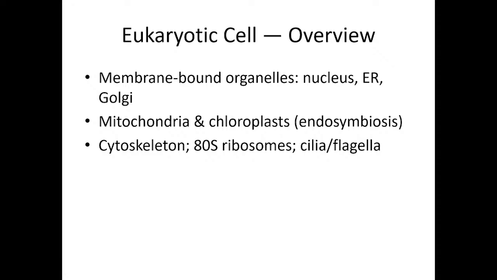So in eukaryotic cells, they have membrane bounded organelles like the nucleus, endoplasmic reticulum, and Golgi apparatus. Another thing that is very common in them is that in animals you have mitochondria. In plant life, they are called what? Chloroplast. And this is as a result of endosymbiosis.